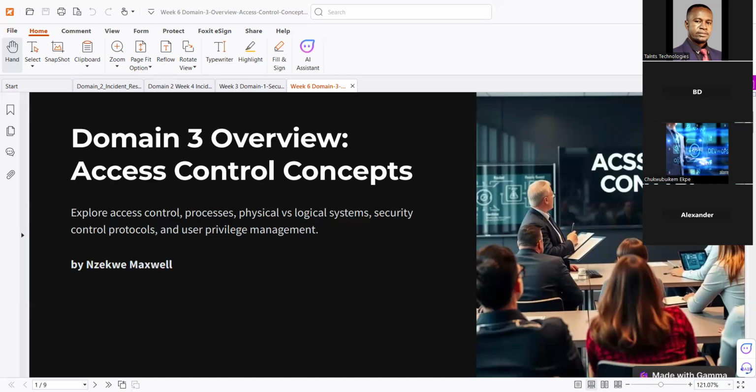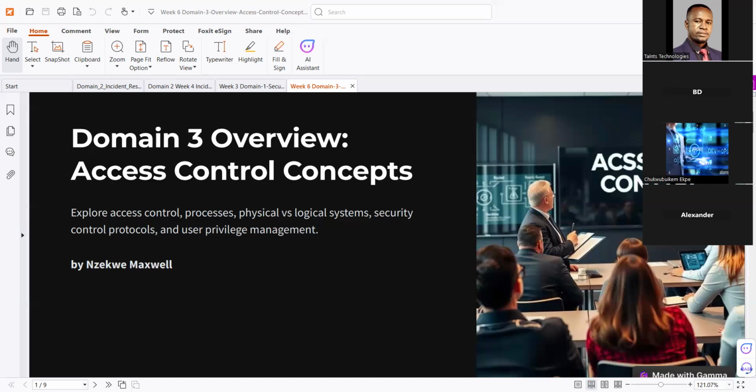servers, and so on. So the key components of access control are what? Authentication, authorization, and policies. We've discussed what authentication is: to verify the identity of a user before the user is being granted access. Authorization is to determine what actions or resources the authenticated user is allowed to access.